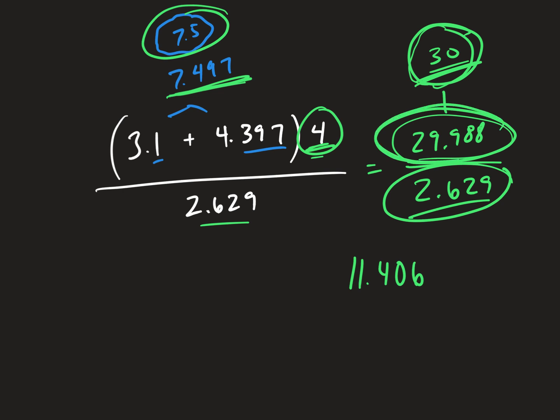Because this top number should only have 1 sig fig, right? Because when we multiply this, that tells us we should have 1 sig fig. You with me? And so our top answer is 1 sig fig, and our bottom answer is 4 sig figs. We've got to go with the lowest number. And so we should round this to 1 sig fig. Which is 11? That has 2 sig figs. 11 has 2 sig figs. 10.